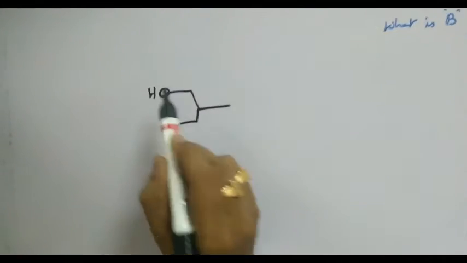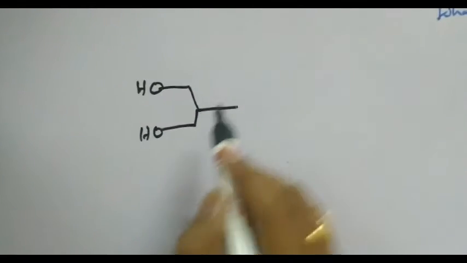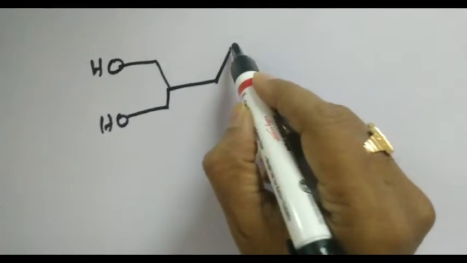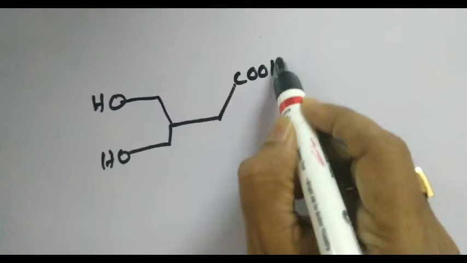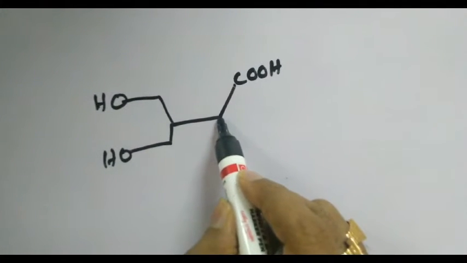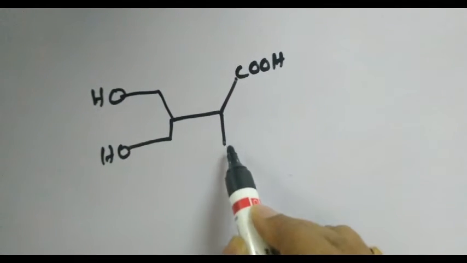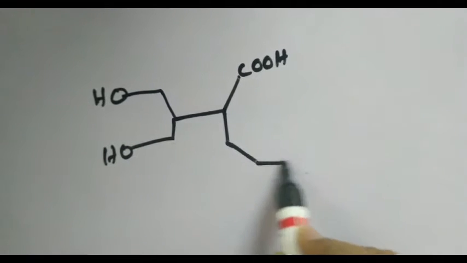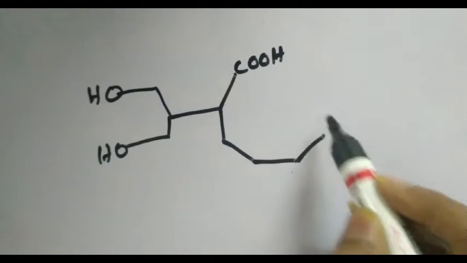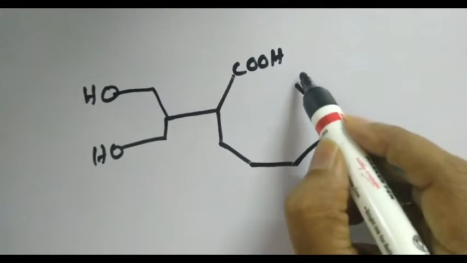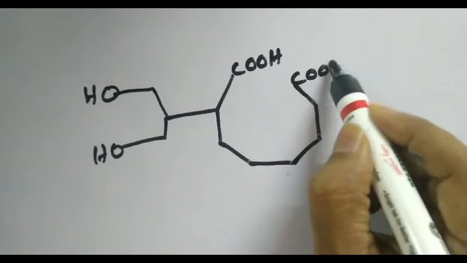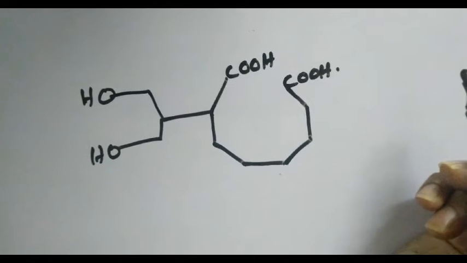OH is here, another OH is here, and this is my first carbon which is converted to COOH, second carbon, third, fourth, fifth, sixth, seventh, and then this is the 8th carbon which is converted into COOH.